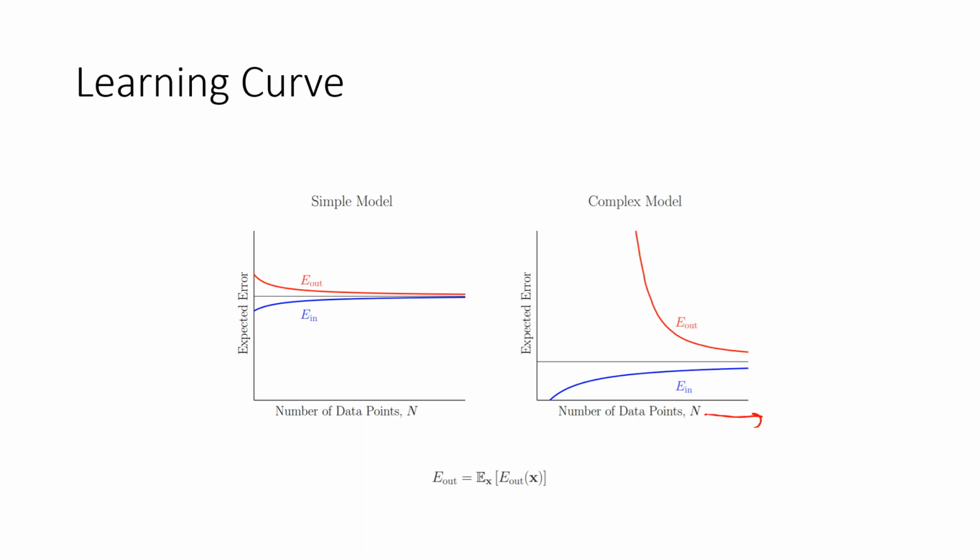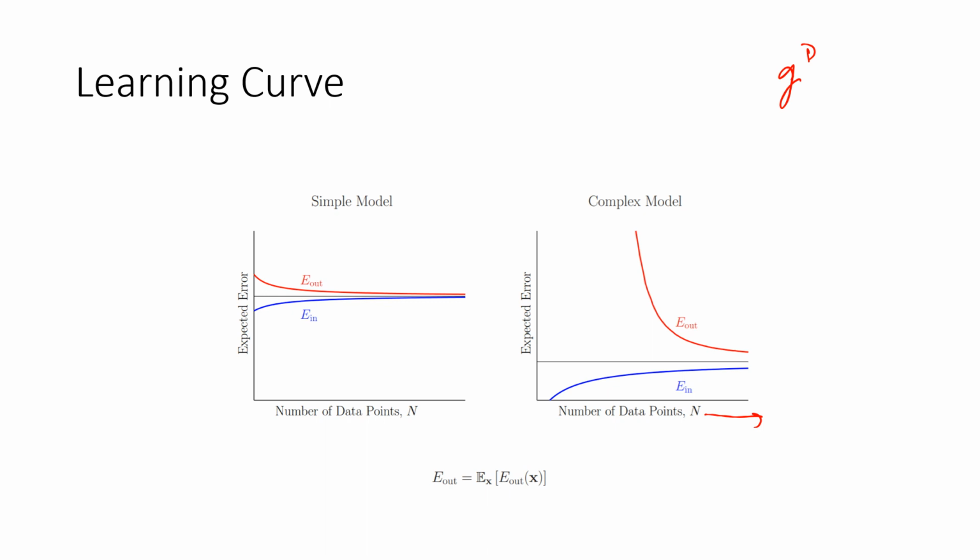Because if you remember, after learning with a particular data set D of size n, the final hypothesis G of D, this is how we did the derivation, had some in-sample error and had some out-of-sample error. And both of them were dependent on D. Specifically, in the bias variance analysis, the expectation with respect to all data sets of size n was considered to be the expected error.